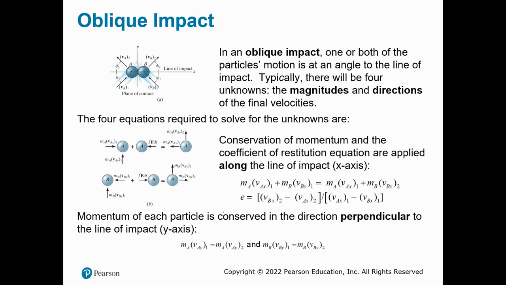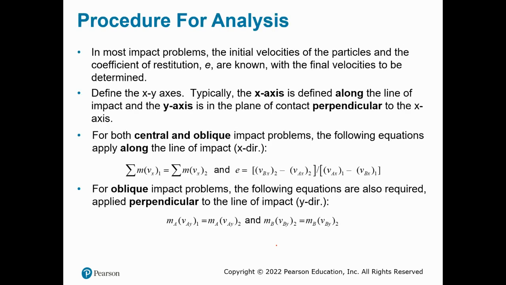So, in other words, coming in vertically, on the vertical direction there's no change in the velocity. My particle A's velocity before the impact and after the impact should be the same. Same thing for B. The vertical component of the velocity before and after the impact will be the same. So in most impact problems, the initial velocity and the coefficient of restitution are given to you. We're going to try to determine the final velocity.